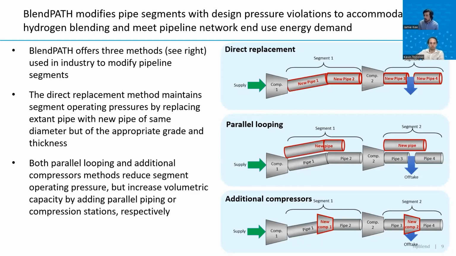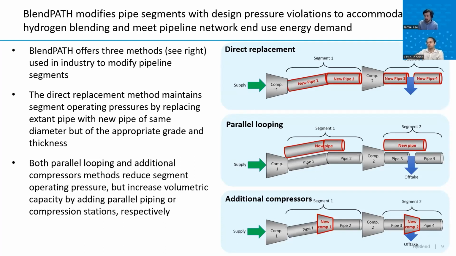BlendPATH modifies the pipe segments with design pressure violations to accommodate hydrogen blending and meet pipeline network end use demand. What this means is we identify the pipes that have design pressure violations and then modify that pipe such that it can achieve the end use energy demand.